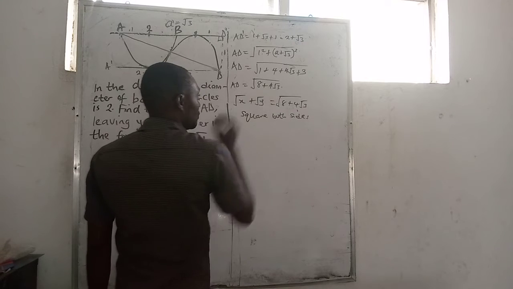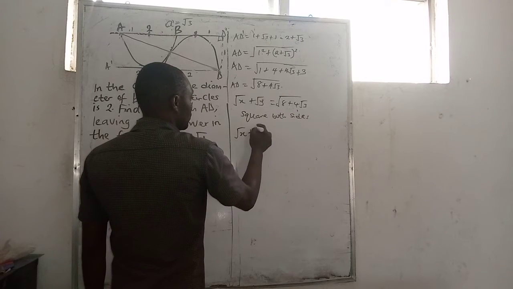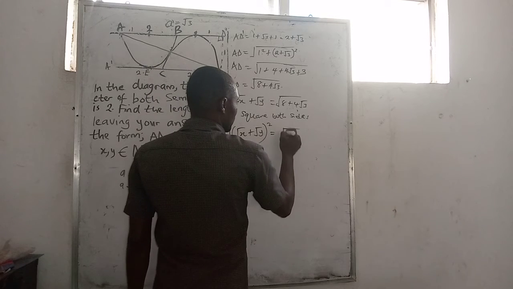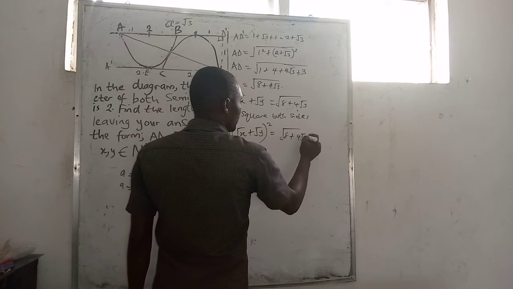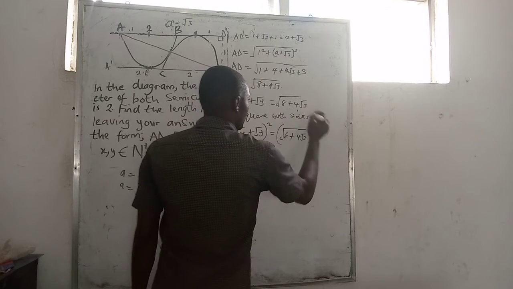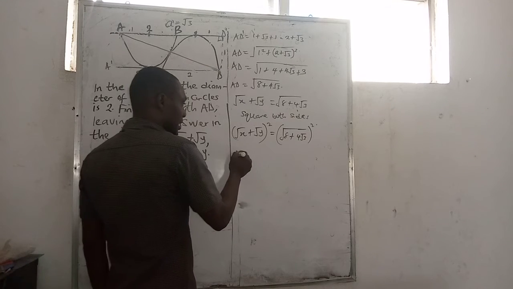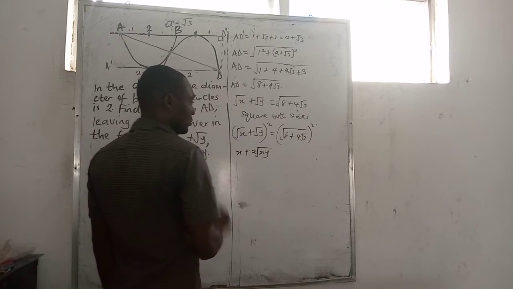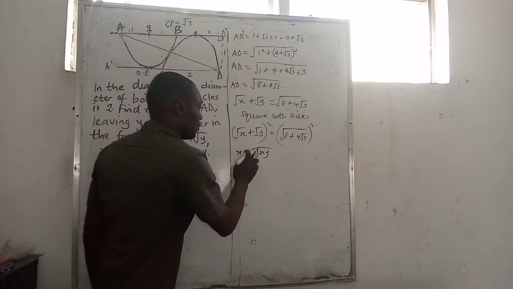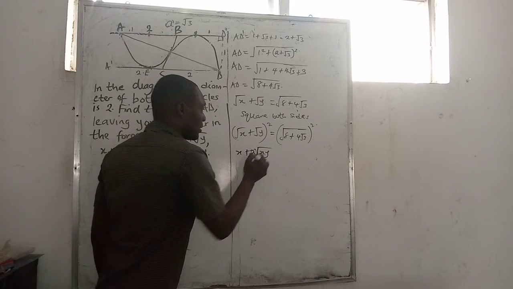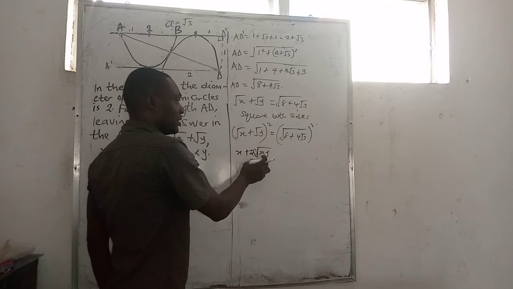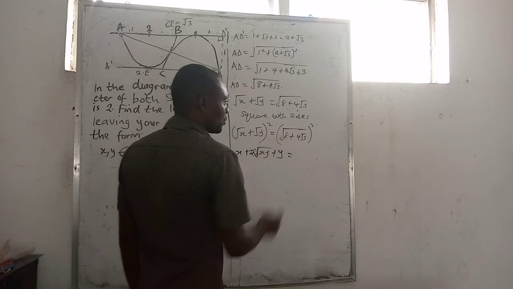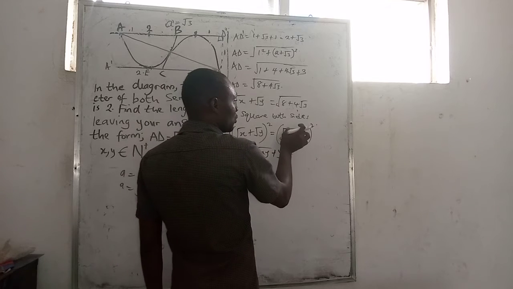So on squaring both sides, I'm going to have root x plus root y squared equals root 8 plus 4 root 3 all squared. So on squaring, I'm going to have x plus 2 root xy plus, on squaring this, y equals, so this square is going to remove the square root.